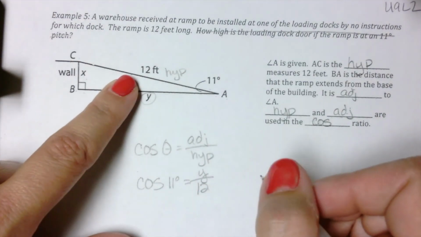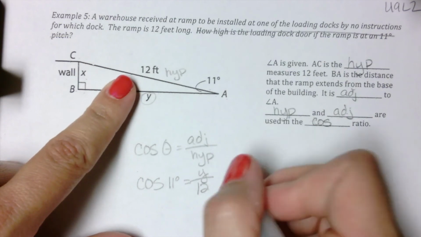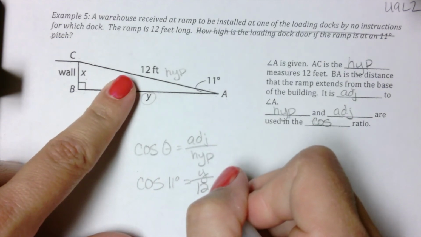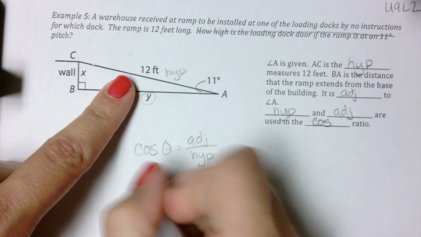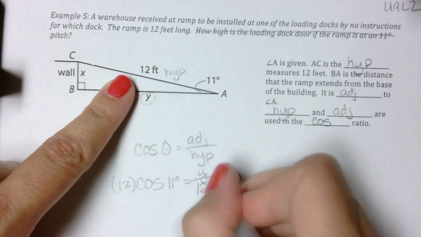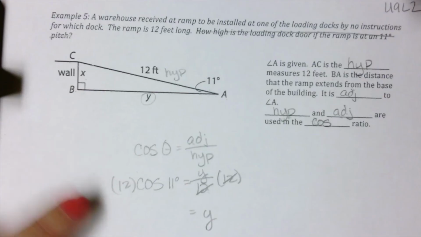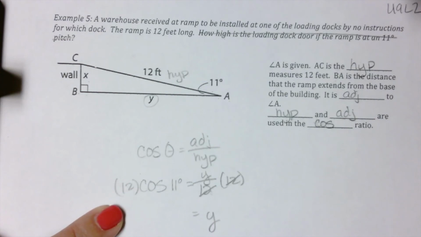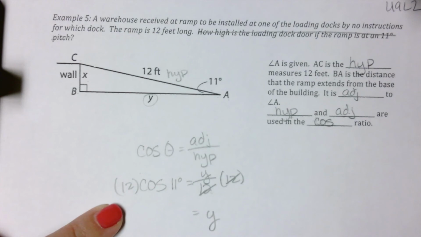Now, this one is really simple to solve compared to the others that we've already done because we're going to multiply by the denominator. So we're going to multiply by that 12. Y is by itself. So all we have to do is say 12 times the cosine of 11 degrees.